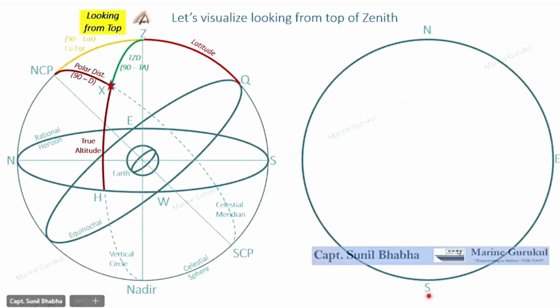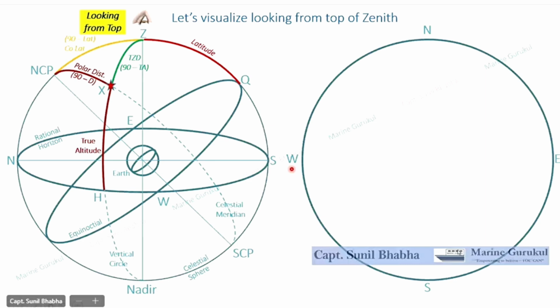And if you go 90 degrees to the left of north, you will have the west point represented by W here. So all these 4 points N, E, S, W are represented on the plane of the rational horizon.